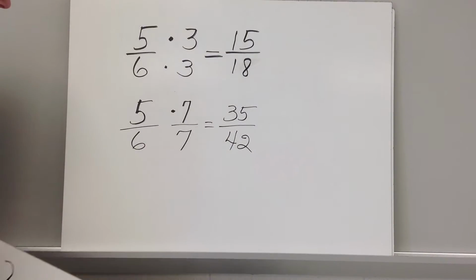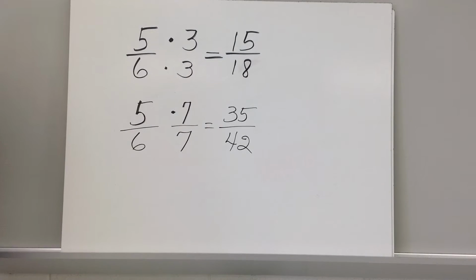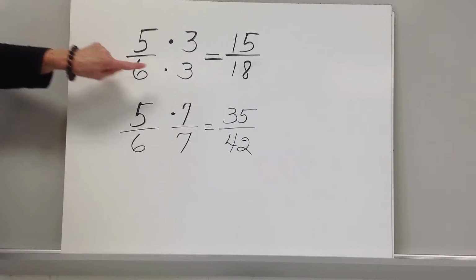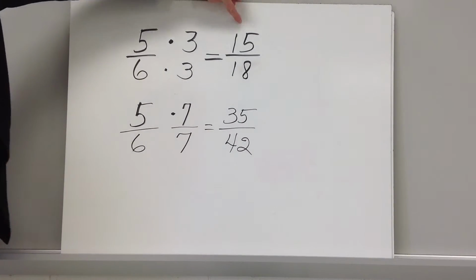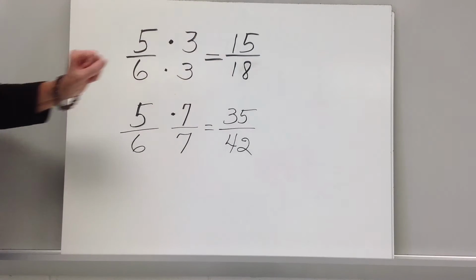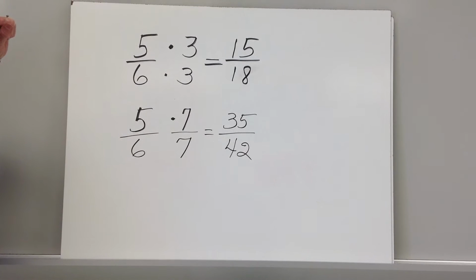For example, if I had the fraction 5/6, if I want to find an equivalent fraction, I could multiply 5 by 3 and 6 by 3 and get 15 over 18. That means 15 over 18 is equivalent to 5/6.